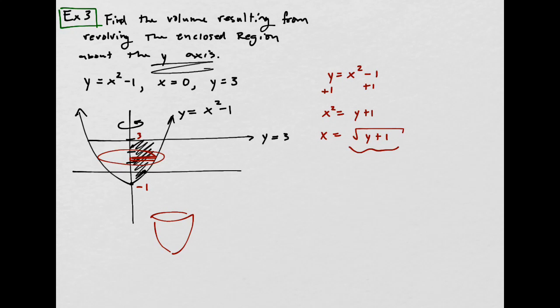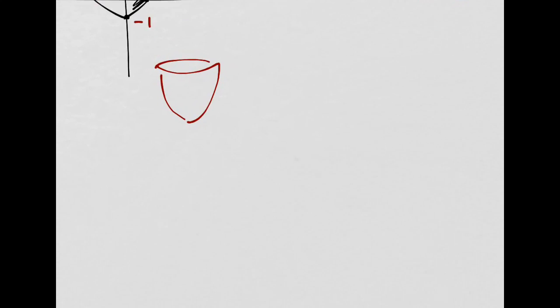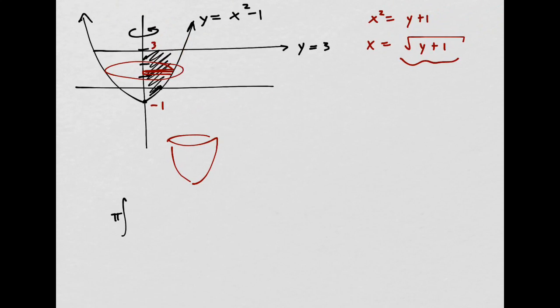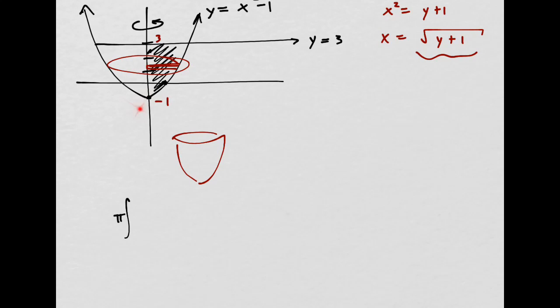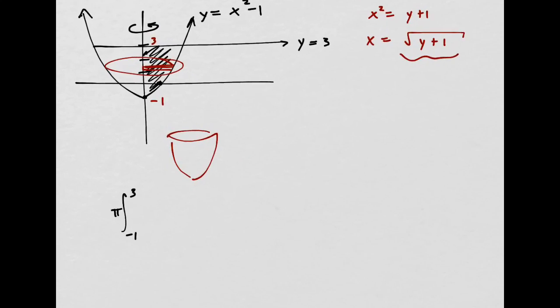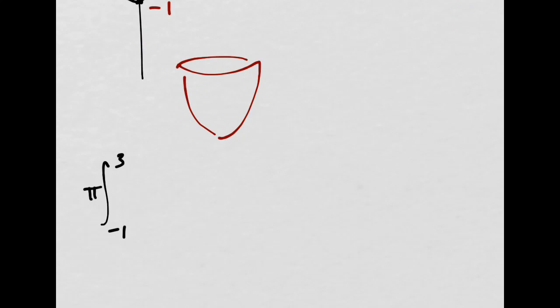Let's see. So I'm going to start integrating. That was solving. I'm going to figure out my integral. My integral should have a pi out front, and I'm integrating from -1 to 3. My inside function for my radius will be the square root of y plus 1.